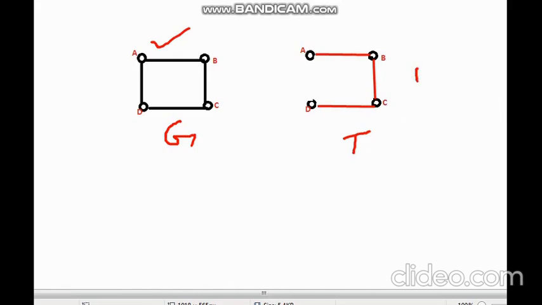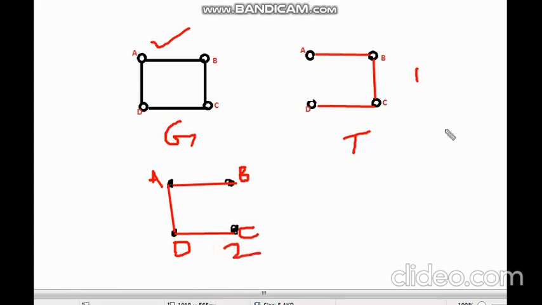And the next one, I am taking 4 vertices here: A, B, C, D. So I am taking the edges 1, 2, 3. Here I have 4 vertices, n-1 edges and no cycles. Hence this is the second spanning tree.